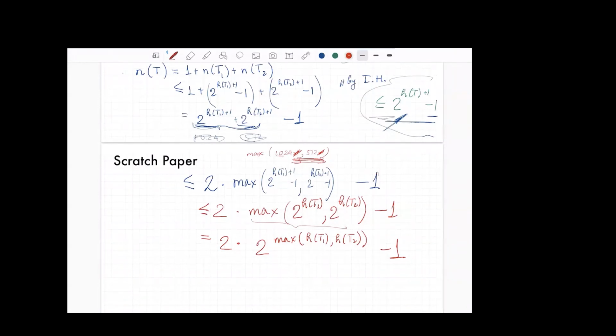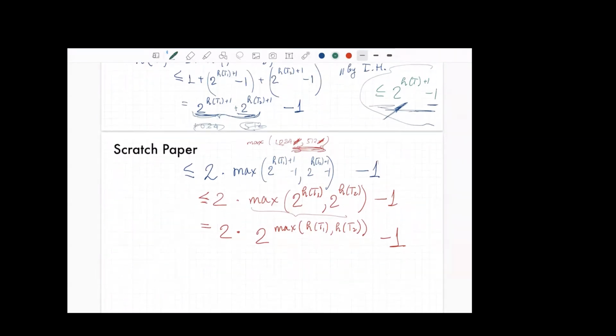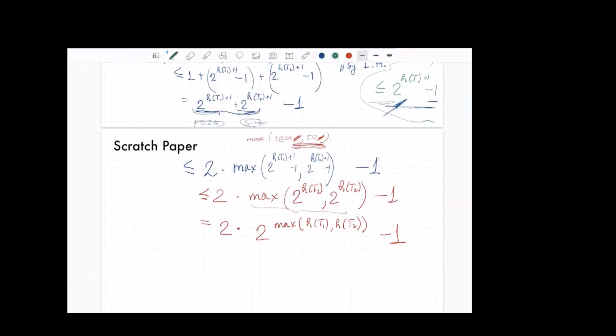Okay, so just to be clear, think of this in concrete terms. Some power of 2. Let's say this is 1024, and this is, let's say, 512. This is scratch work. So this piece is saying that this is max of 2 to the 10 and 2 to the 9, right?